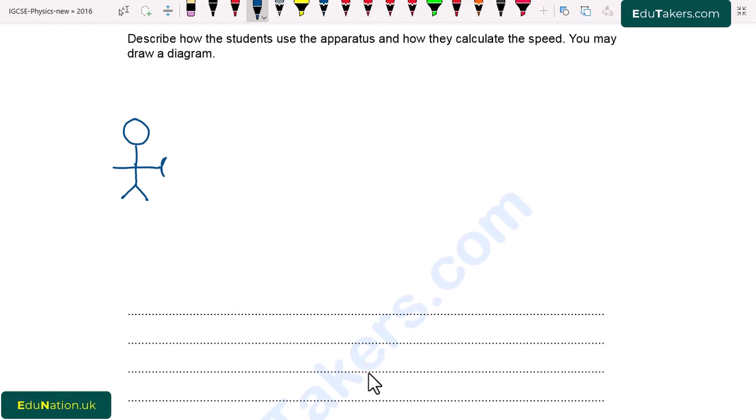The other student is on the other side and the distance between them is d. This student is holding the stopwatch. The distance between these two students is d.